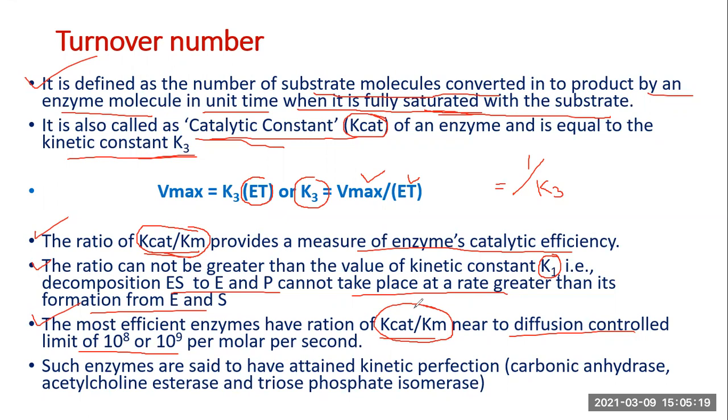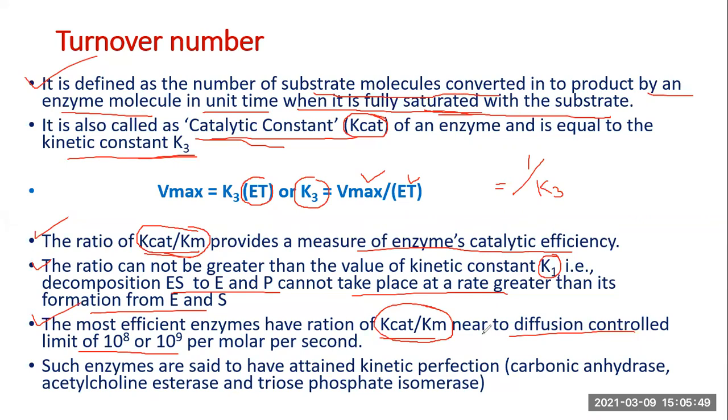The time that a substrate molecule requires to diffuse through the medium and get in close proximity to the active site of the enzyme. And then once a product has been formed, that product has to diffuse into the reaction medium so that the active site can be occupied by the next substrate molecule. So the time required for the substrate molecule to travel to the enzyme active site and the product to leave the enzyme active site is the minimum time those enzymes will require.